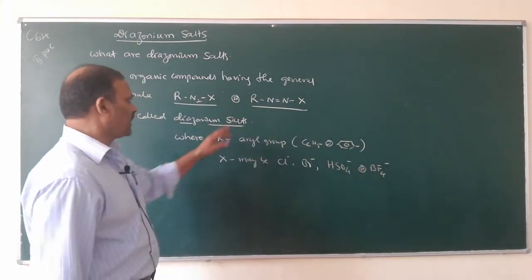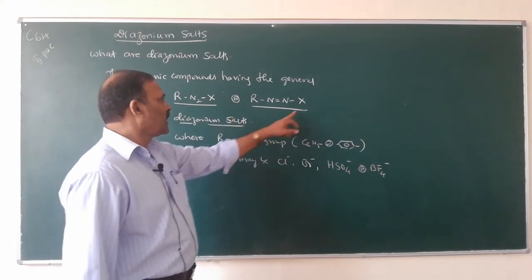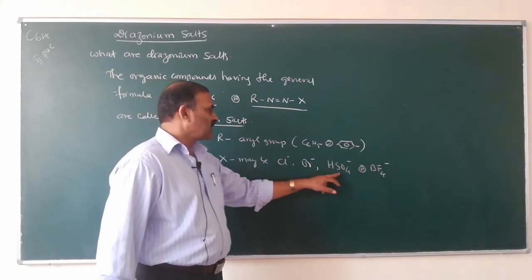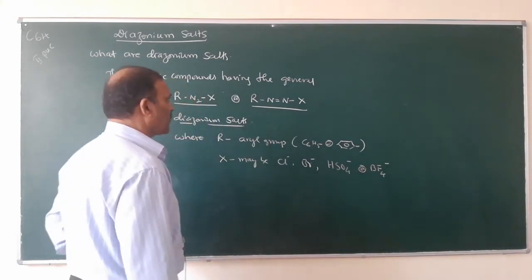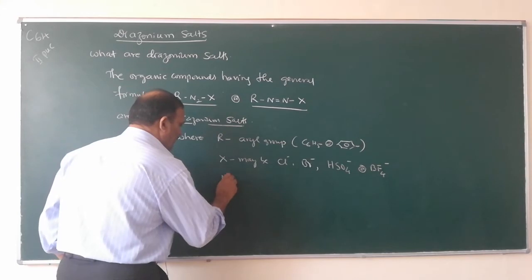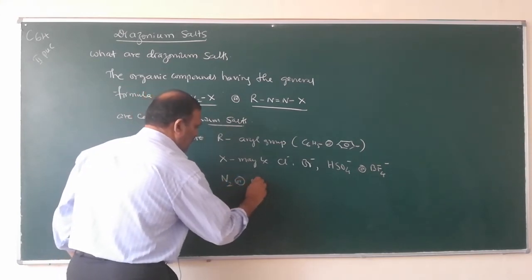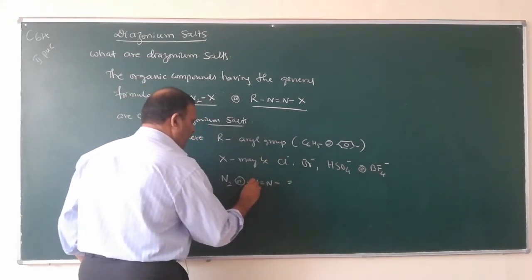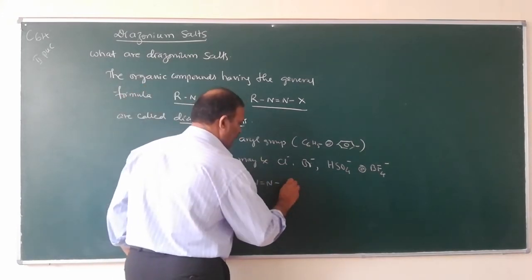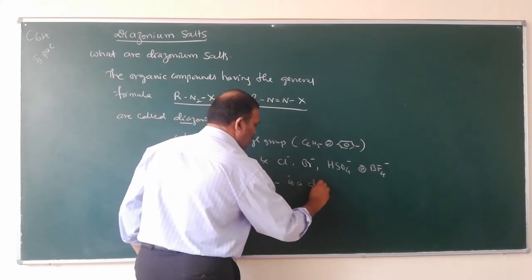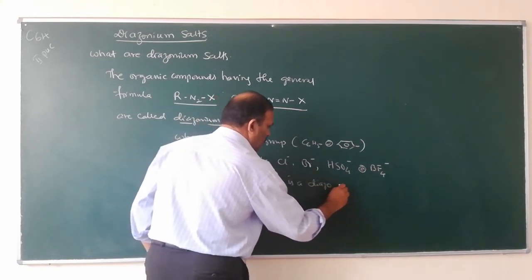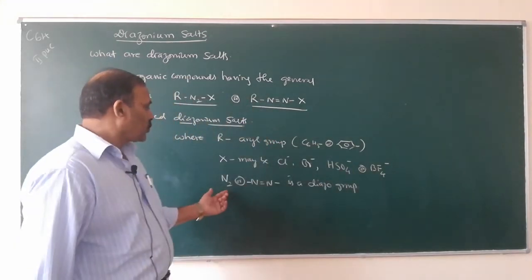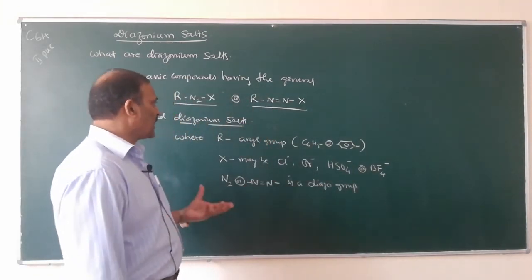So, here R is an aryl group, and X may be Cl minus, Br minus, HSO4 minus, or BF4 minus, and N2 or N double bond N is a diazo group. What is diazo? Di means two nitrogen atom group is called diazo group.